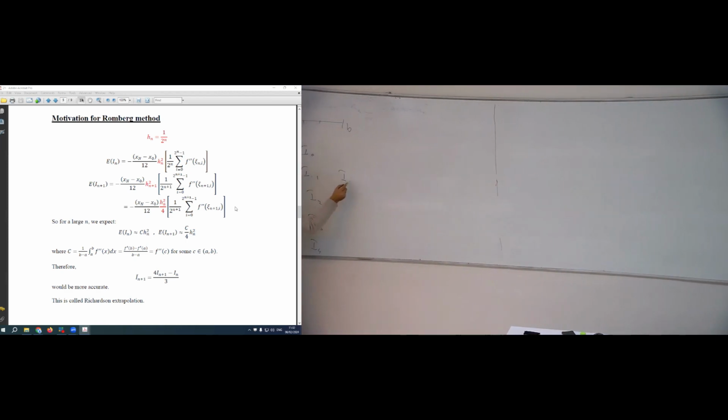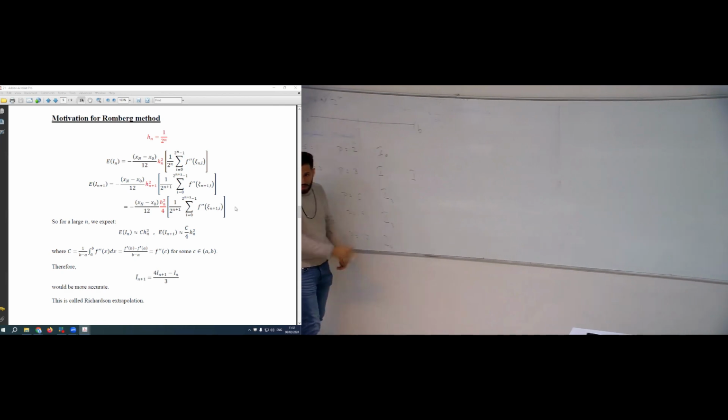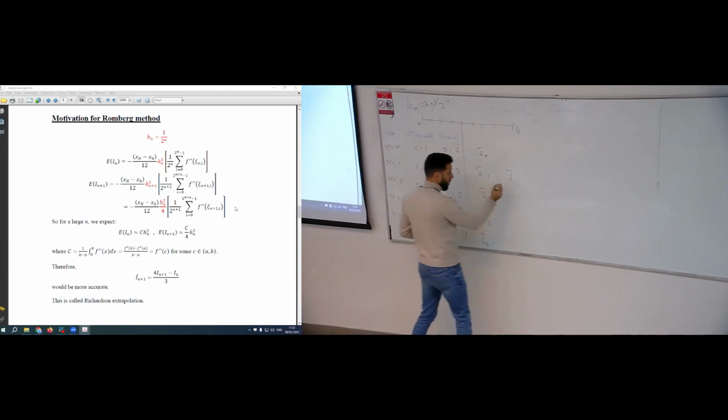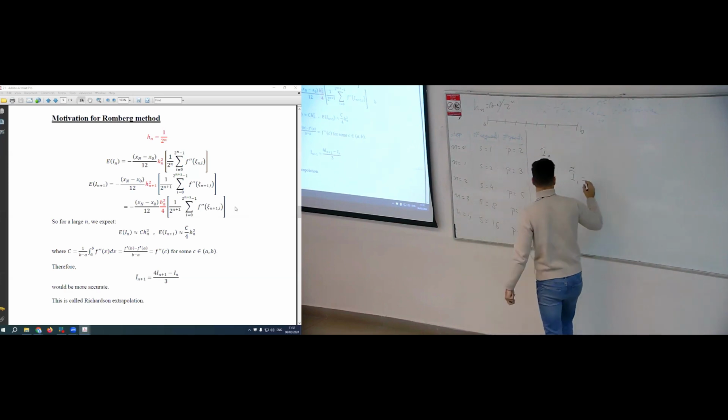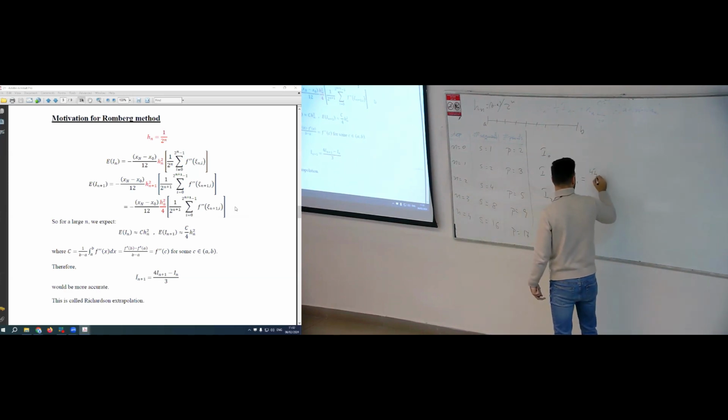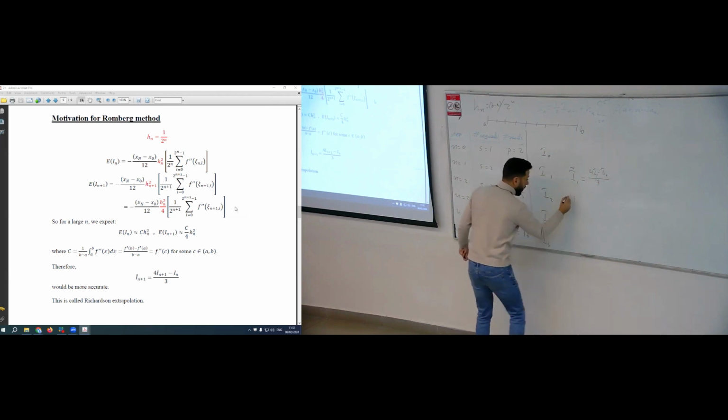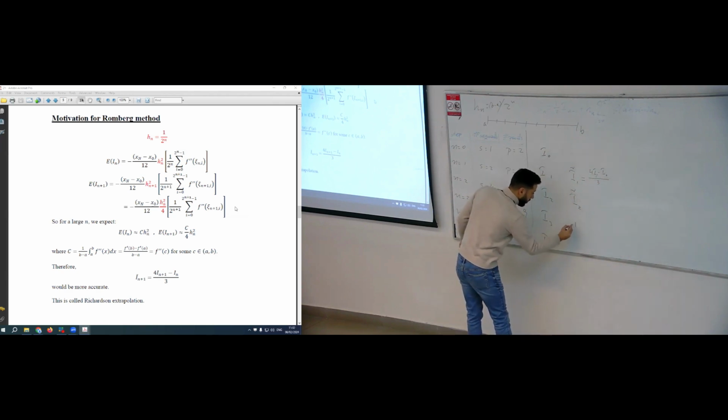So again, we now can calculate from the list that we calculated before updated values, which are I1 minus I0 divided by 3. And here I can calculate I2 tilde, I3 tilde, I4 tilde.